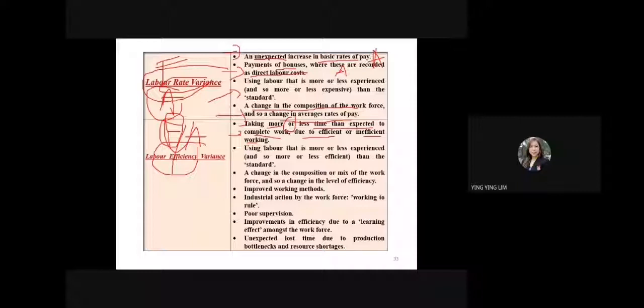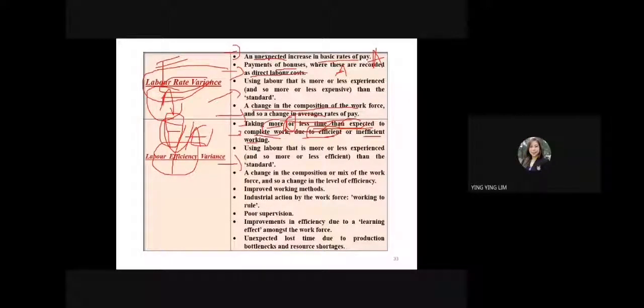To make good use of this point, I have to talk about how in actual the labor used less time than expected to complete the work due to efficient working, and vice versa. If it is adverse, meaning in actual you use more hours, you're taking more time than expected to complete the work.